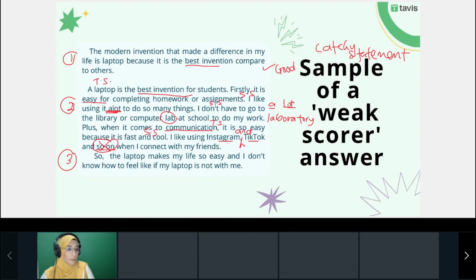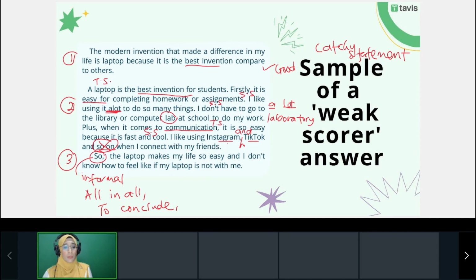So, avoid using "so" for your conclusion. Avoid this because it sounds very informal. Instead, maybe as simple as "all in all" or "to conclude."